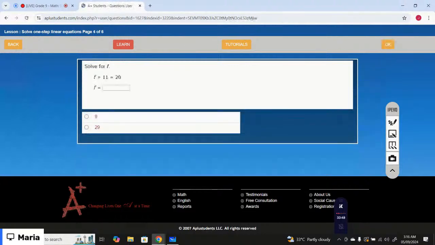Okay, the next one is solve for f. So which is the correct option?